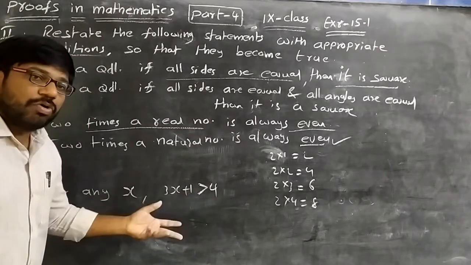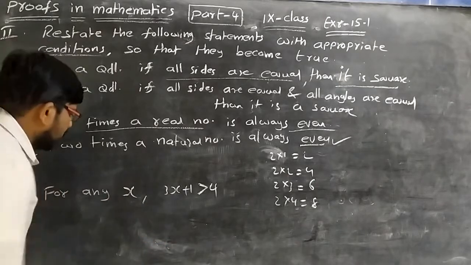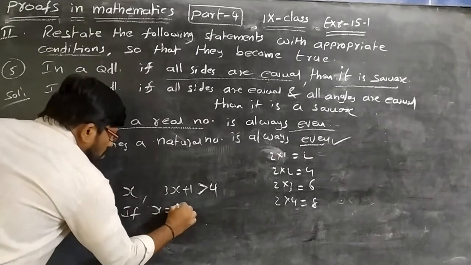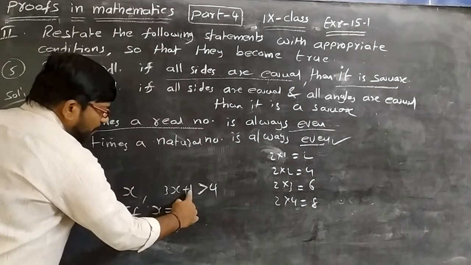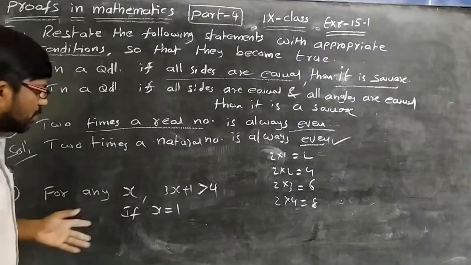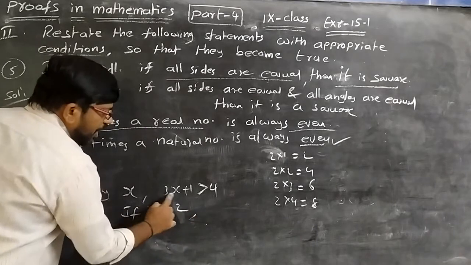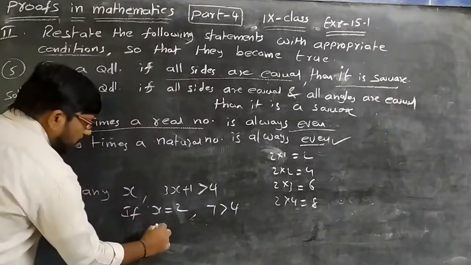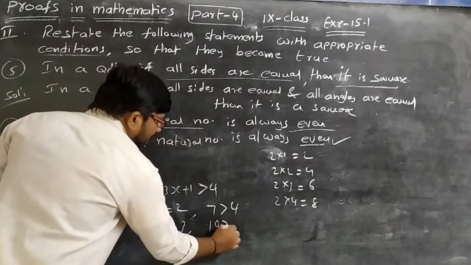So above 0, if x equal to 1, 3 ones are 3 plus 1 is 4, 4 greater than 4, it is also false. So above 1, if x equal to 2, then what happened? 3 twos are 6 plus 1 is 7, 7 greater than 4, yes it is true. x equal to 3, 3 threes are 9 plus 1 is 10, greater than 4, yes it is correct.